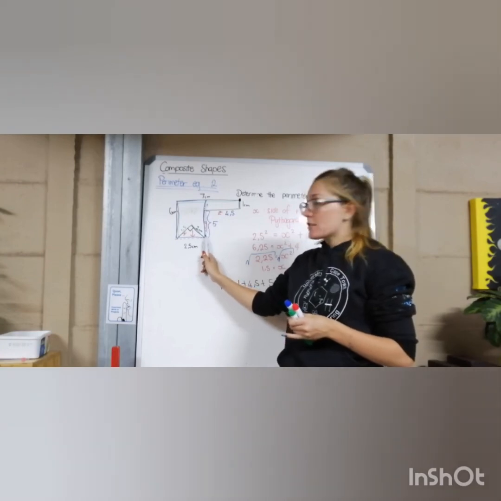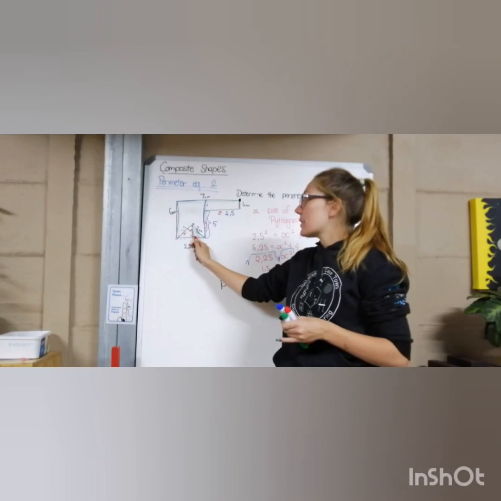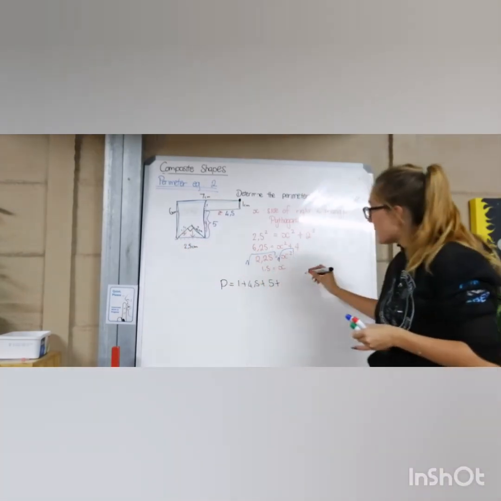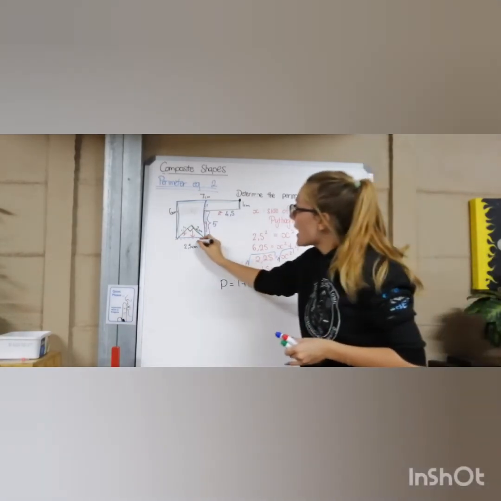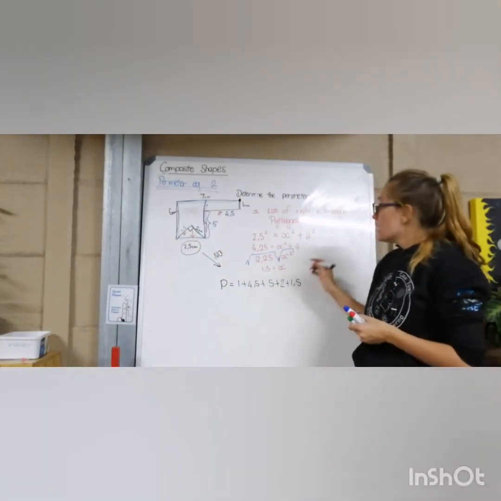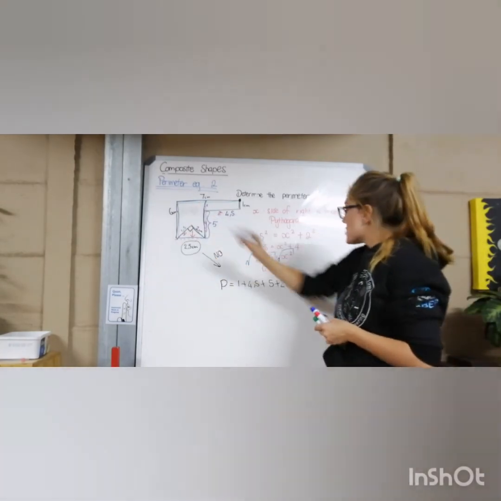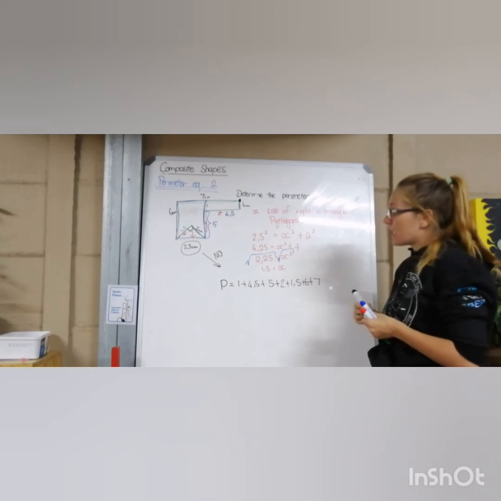If I were to walk around the shape, I wouldn't walk across here on this dotted line. I would walk on the solid lines, up there and then down. So it's plus 2 plus 1.5. Okay, we do not add that in our perimeter. It's not part of the perimeter. Okay, so we're there now, up to 6. And then across 7, and we'll end where we started.